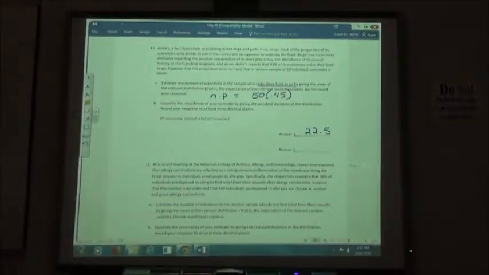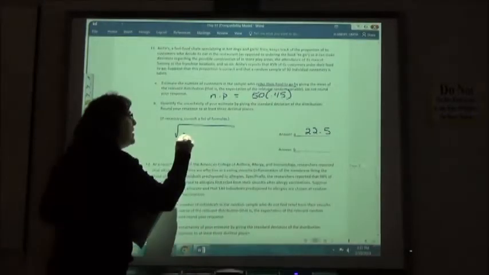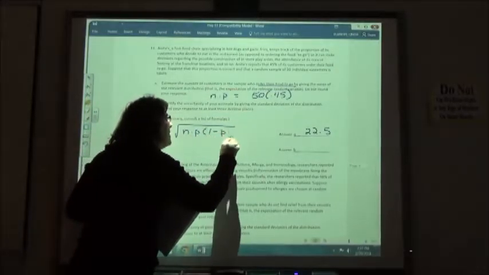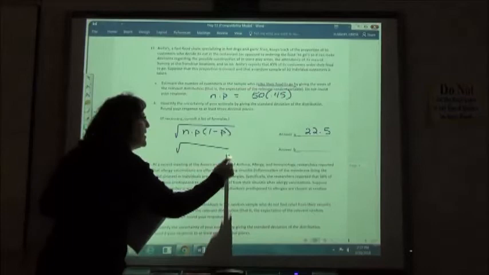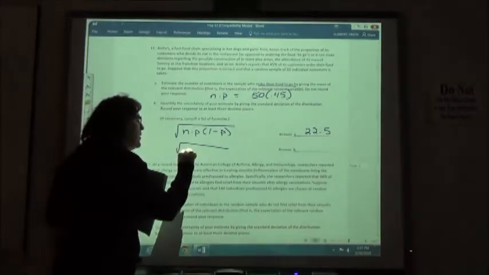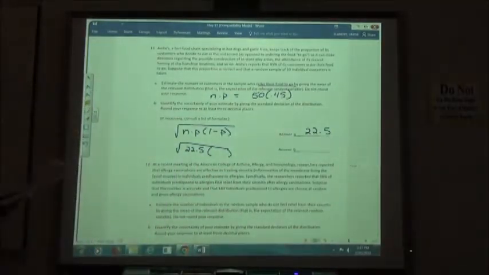Second part, we want to estimate the standard deviation of our distribution. Our formula says we're doing n times p times 1 minus p. And so if I plug my numbers in there, n times p was the 22.5. And what would I use for 1 minus p?